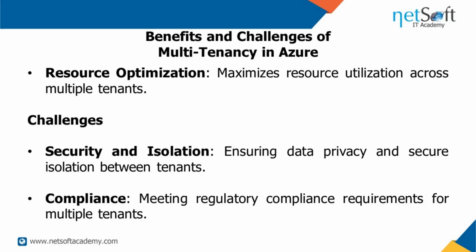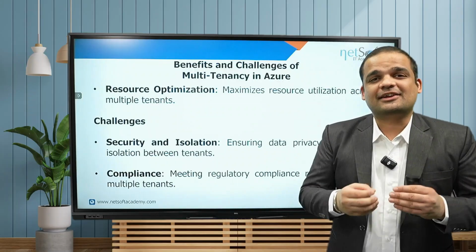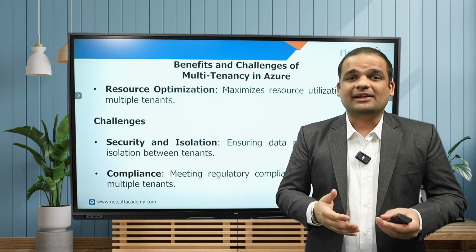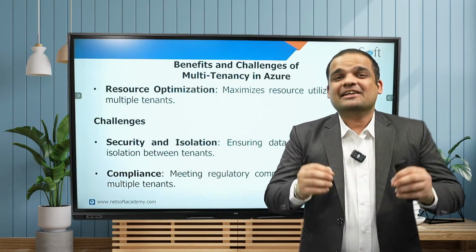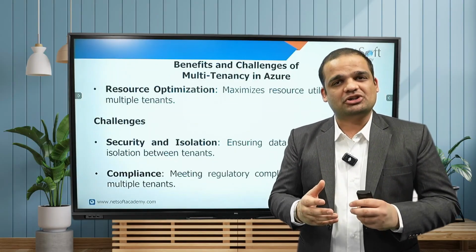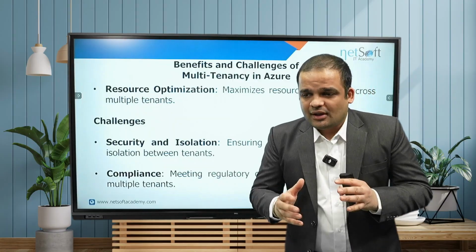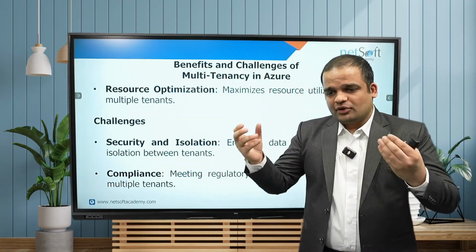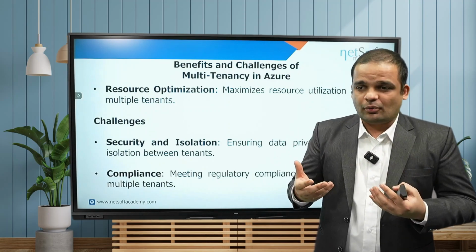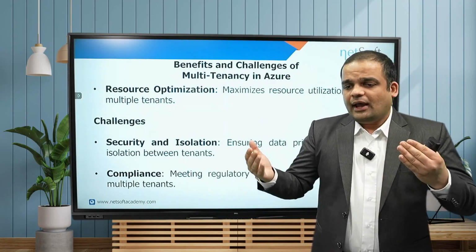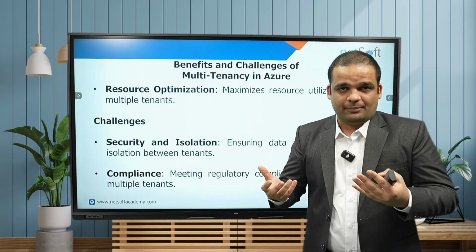Now, what are some of the challenges? The first one is security and isolation. Maintaining a strict data separation is crucial. Two or more tenants will maintain the isolation, but sometimes an organization might want inter-tenant communication to happen.